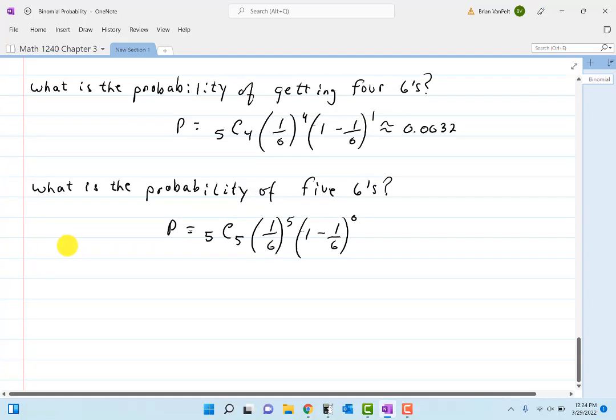By the way, just to show you, 5C5, that's going to equal 1. And anything not 0 raised to the 0 power is equal to 1. So this is just equal to 1 over 6 to the fifth. I don't care if you know that. You can just write this formula and you'll get the same thing.